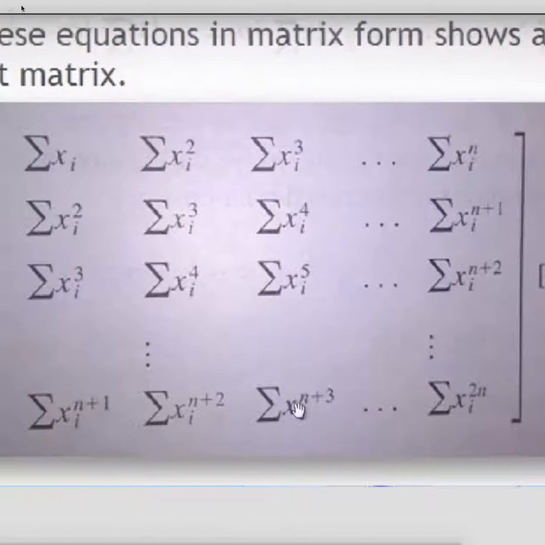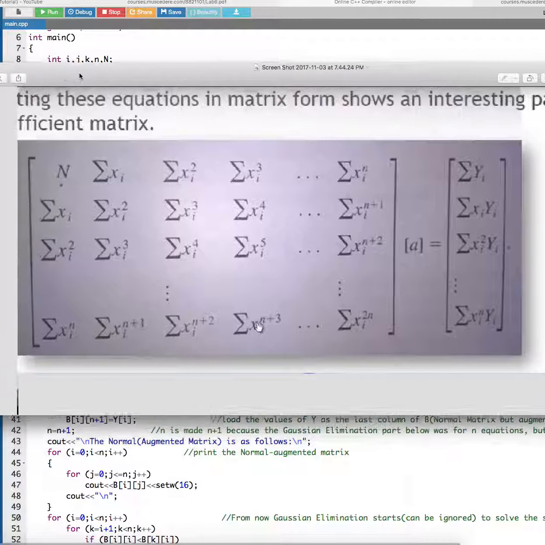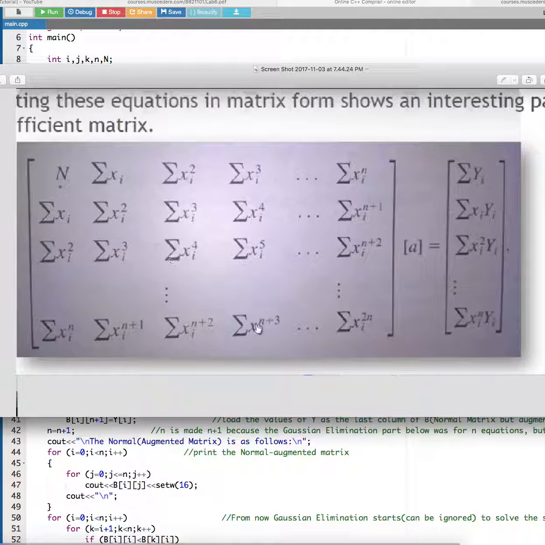That is because if you look at this equation right here, we have n plus 1 number of rows and n plus 1 number of columns, because in C++ we always start from 0. So if you start from 0 and go until n, you're going to have n plus 1, because we are having n and including 0.